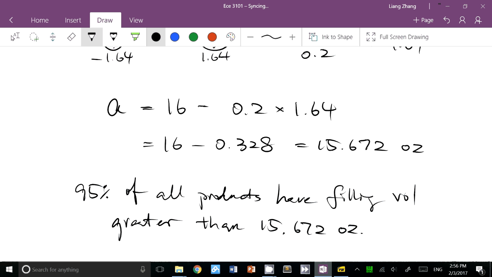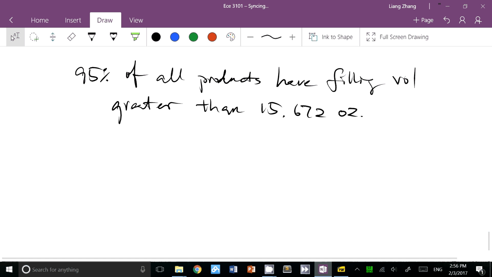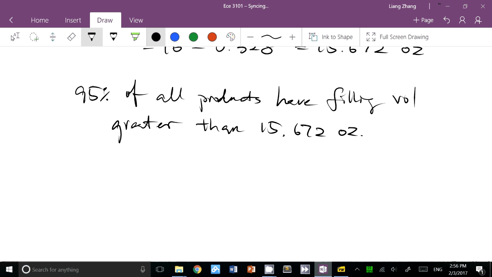And we can also do other calculations. What if the process is changed, for the same behavior? So let's assume the process is modified.